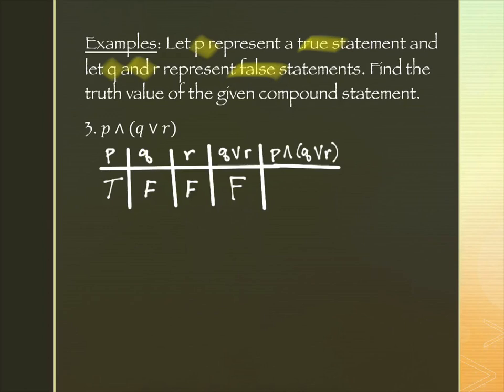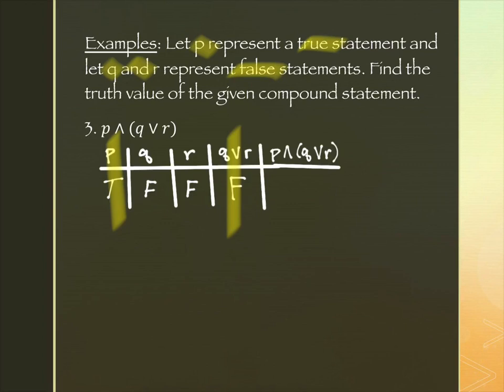Now, I need to compare the P column with the Q or R column. Are you with me? Right? One of the pieces said P, so I highlighted P. The other piece that I'm comparing it to, or combining it with, connecting it to, is the Q or R column, so I highlighted that one. So I really only care about what falls underneath them.